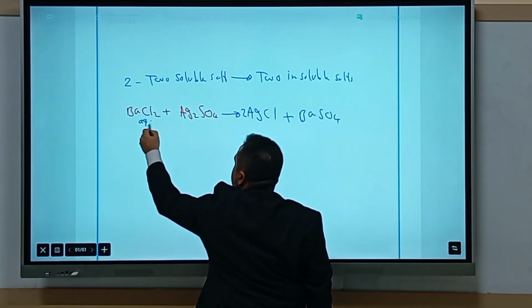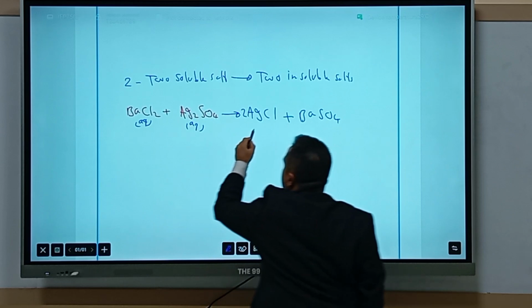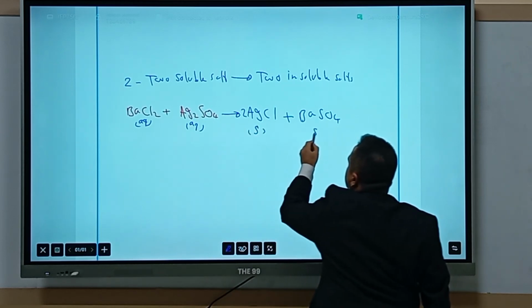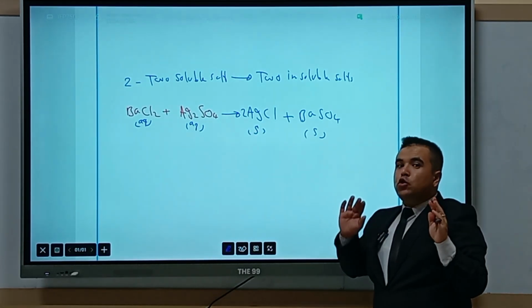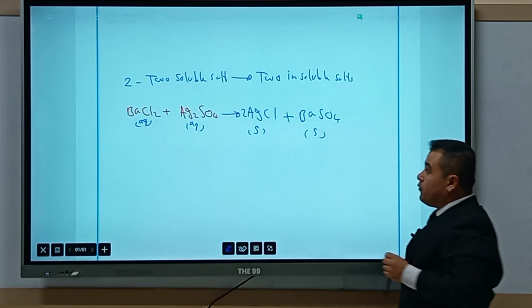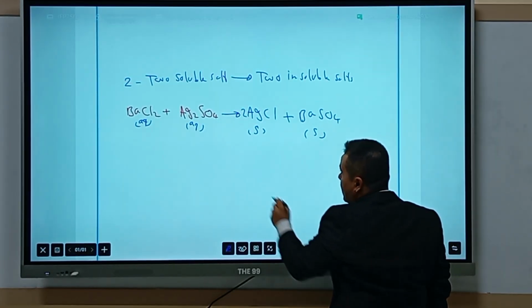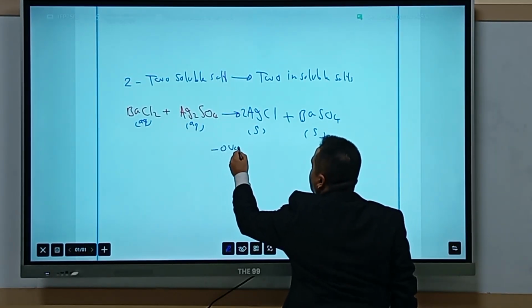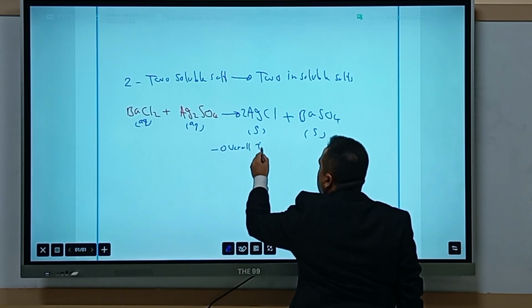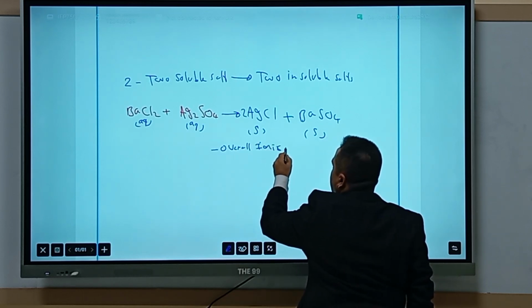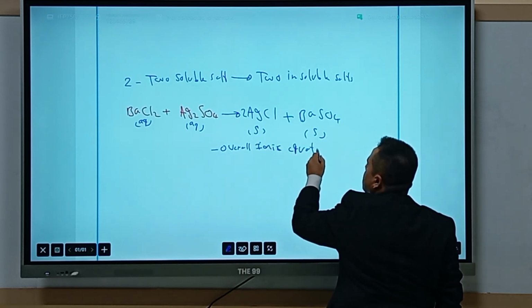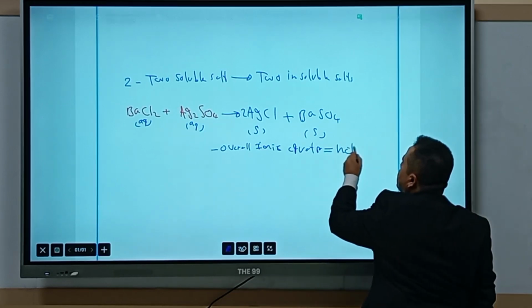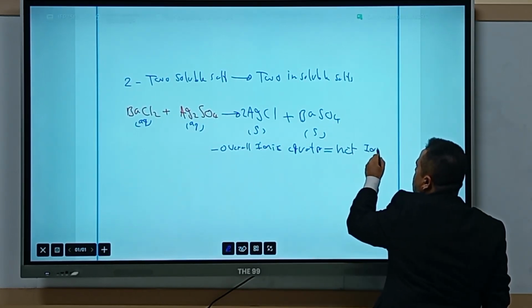As you know, this is soluble, this is insoluble. When two insoluble salts are formed from the double displacement reaction, the overall ionic equation equals the net ionic equation.